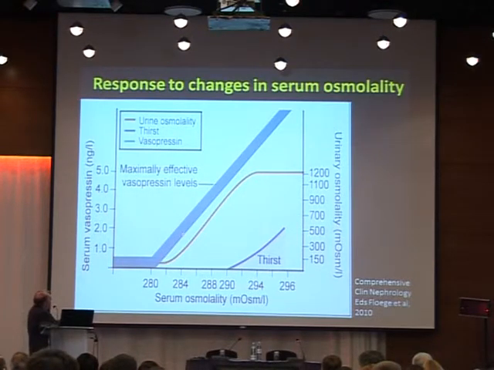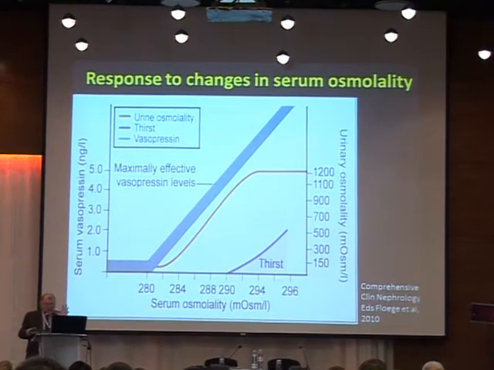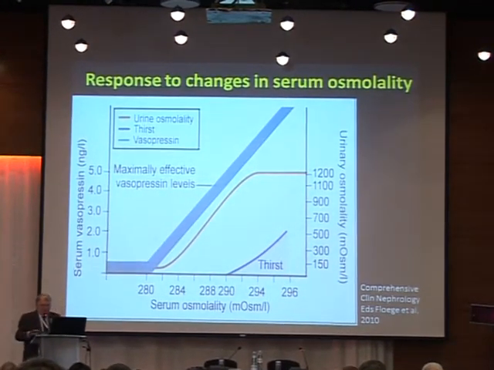So in relation to that, you see this blue line, and it gives you the level of the antidiuretic hormone in the blood. Because normally, when your tonicity falls, your vasopressin should fall and even become unmeasurable. When your tonicity goes up, your vasopressin immediately goes up. It's a very fine-tuned system.